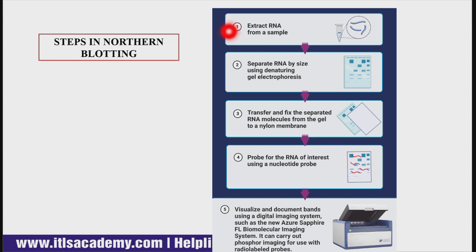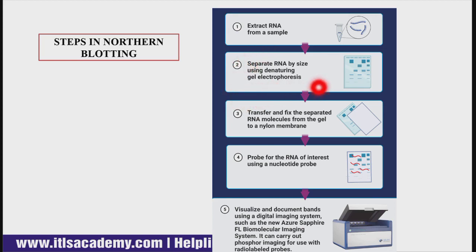So the first step is to extract RNA from the sample. Here electrophoresis is done. You want to extract RNA from the sample, so separate RNA by size. According to their size, RNA is separated using denaturing gel electrophoresis. So which type of electrophoresis is used to separate the RNA sample?